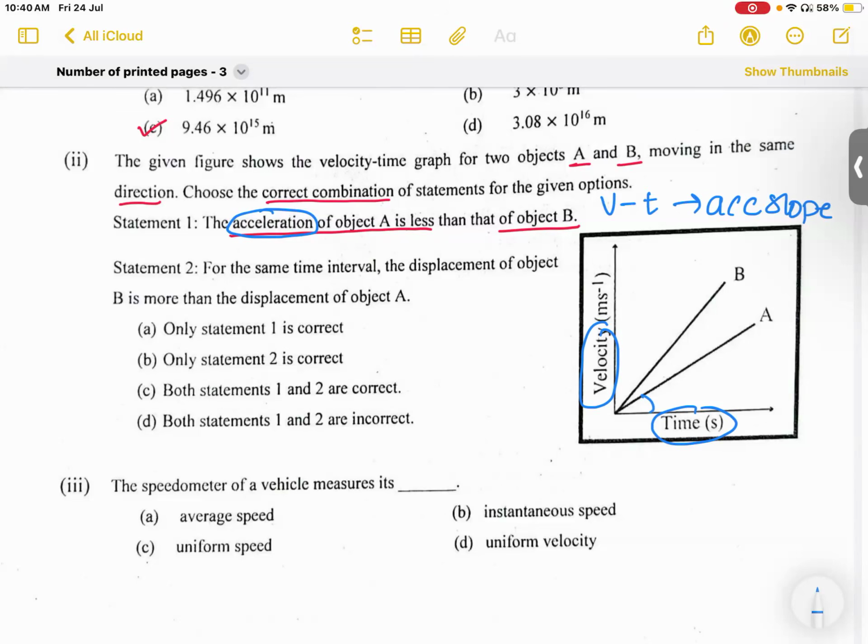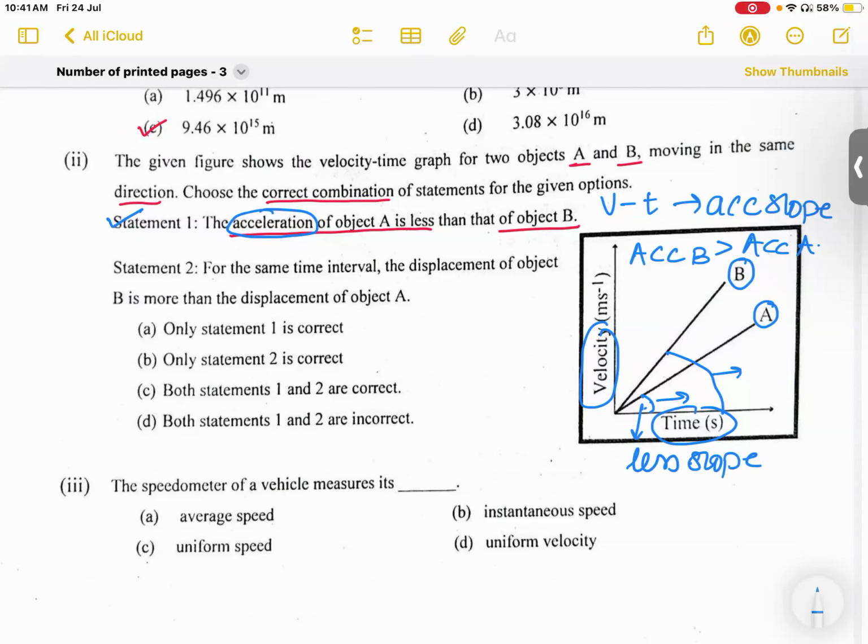A has a lesser slope and B has a steeper slope, which means the acceleration of B will be greater than acceleration of A. So they have instructed acceleration of A is less. This is correct. So statement one is correct because A ka acceleration, guys, you can see it is less because it has a lesser slope. And B has a steeper slope. So B ka acceleration is more.